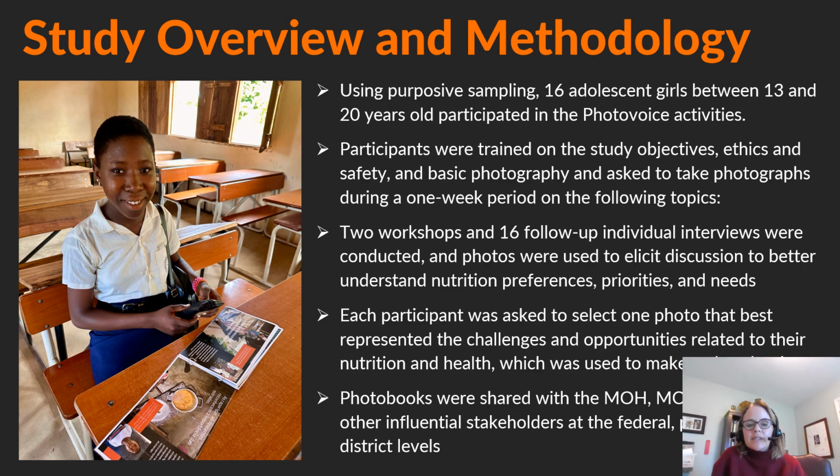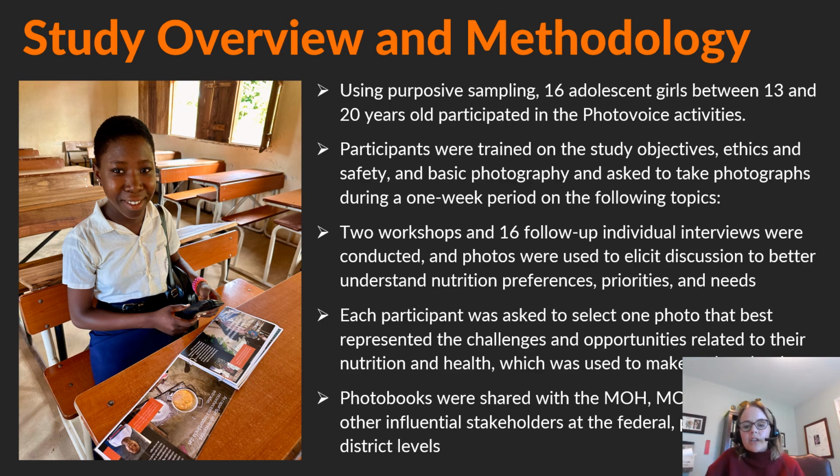The participants were trained on the study objectives, the ethics and safety, and basic photography, and asked to take photos during a 1-week period. After the 1 week, we had the girls come back and we conducted 2 workshops. And then after the workshops, we conducted 16 follow-up individual interviews to learn more about the photos.